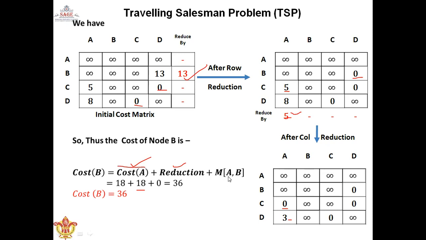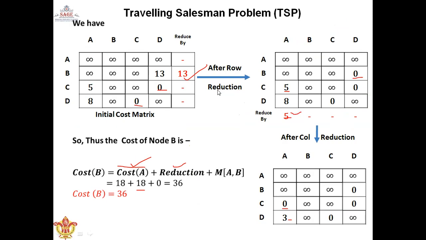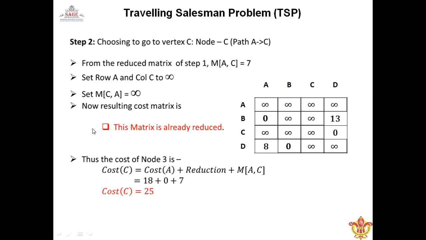The value of cell AB, which we took from the earlier matrices. So this is 0. So it is going to give you 36. So from A to B, the cost is 36. Now we are going to choose node C.